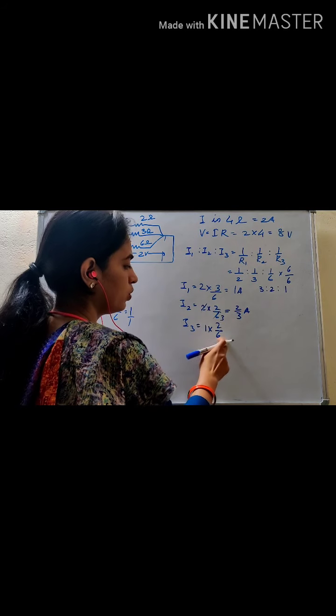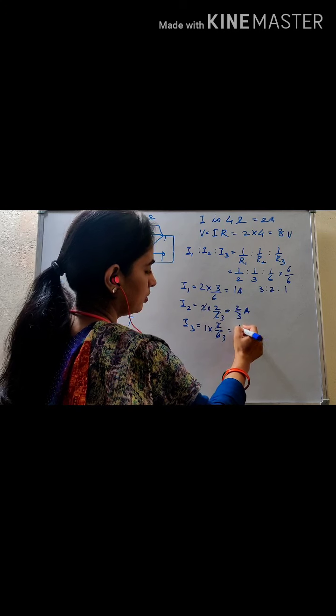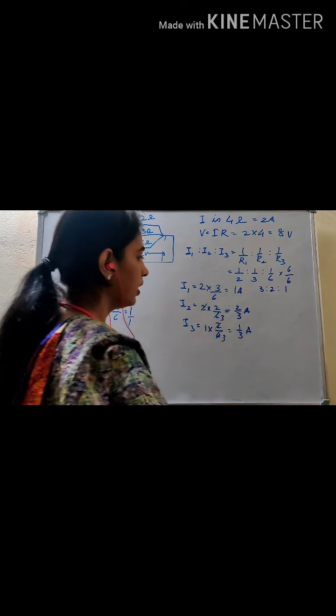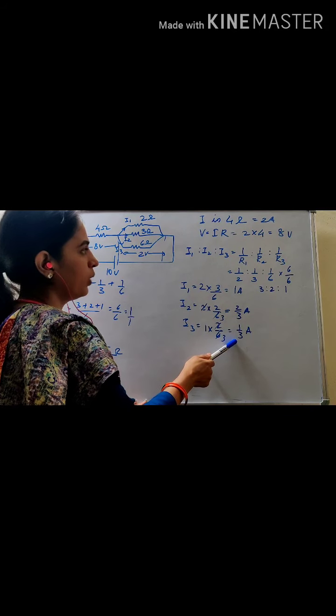And I3 is equal to 2 into 1 by 6, that is again 1 by 3 ampere. Okay, so I1 plus I2 plus I3 will be 2 ampere, right?